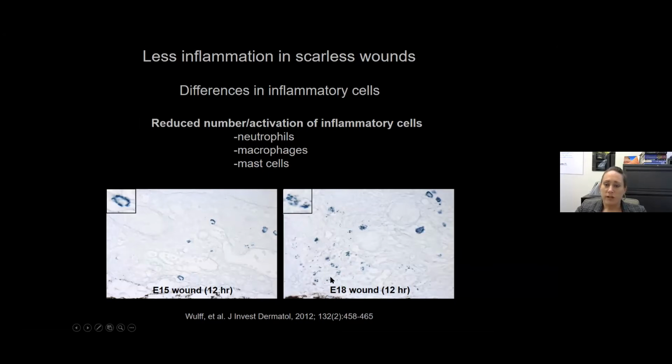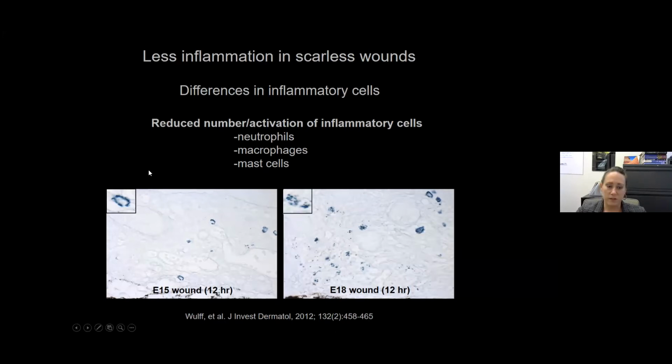Secondly, I mentioned that if we induce inflammation in those early gestation fetal wounds, that typically will result in scar formation. That's been done by injecting things like bacteria, chemicals, cytokines, growth factors, lipids, or alarmins, all things that induce inflammation artificially in E15 wounds, and that will ultimately lead to scar formation.